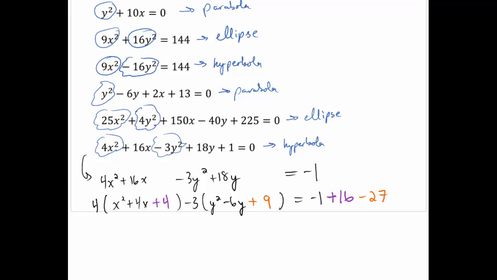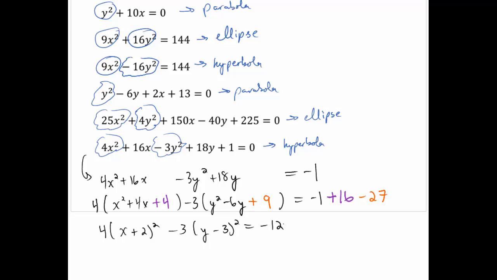Alright, so let's see what happens here then. I would have 4 times (x plus 2) squared minus 3 times (y minus 3) squared equal to negative 1 plus 16 minus 27. That would be a negative 12.